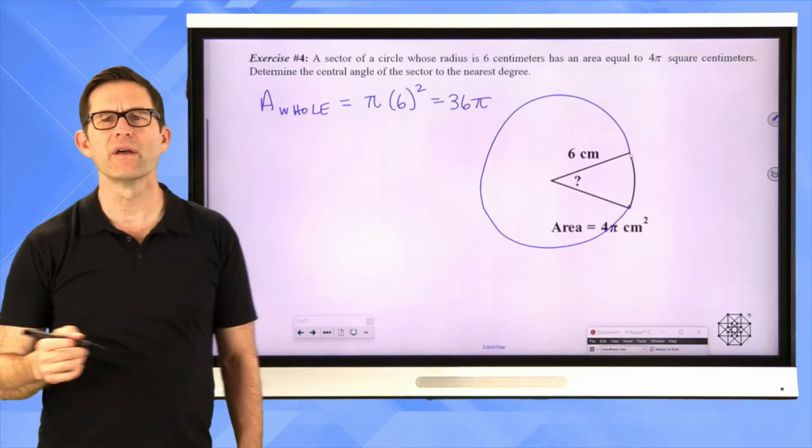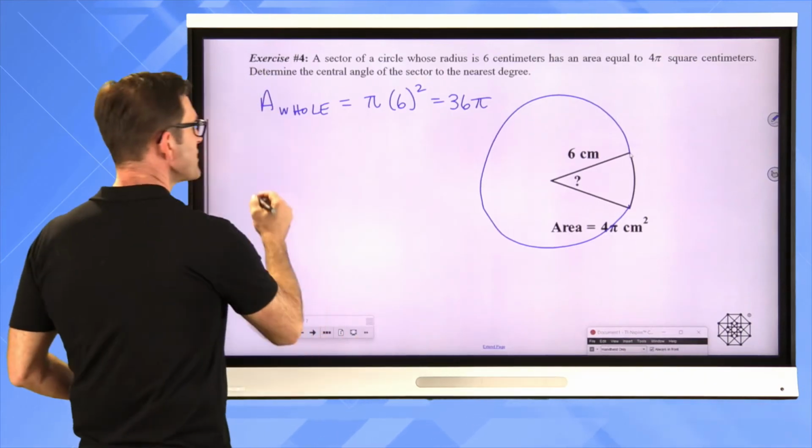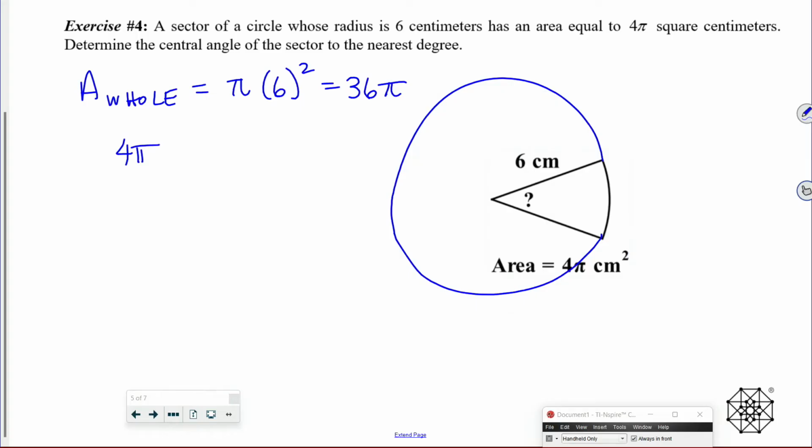So that's the area of the whole circle. Now I could say the area of the sector, which is 4 pi, divided by the whole area, 36 pi, is equal to the angle, maybe I'll call that x, divided by 360 degrees.